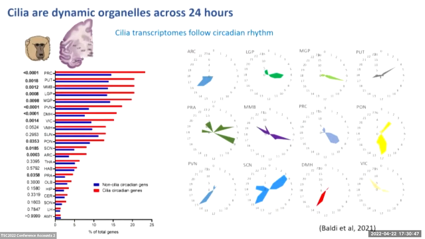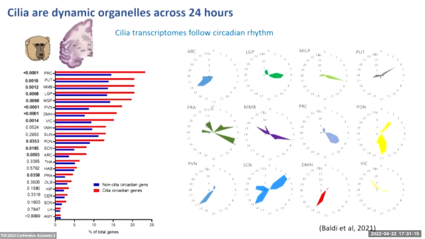We took the raw data, and Dr. Baldi's lab analyzed the data. We found that in at least 12 baboon brain regions, the cilia transcriptomes show higher circadian rhythm than any other genes in these regions.